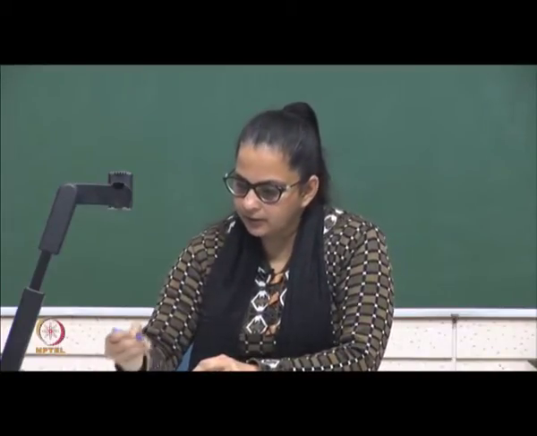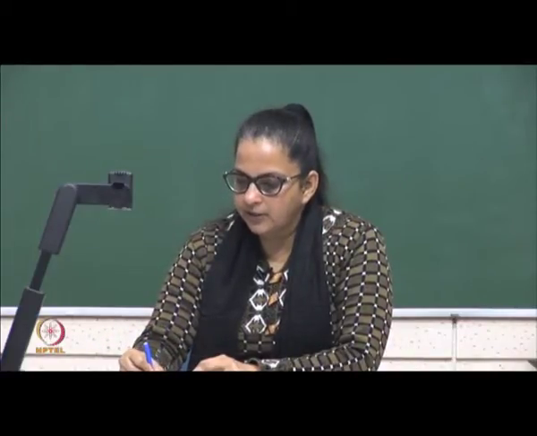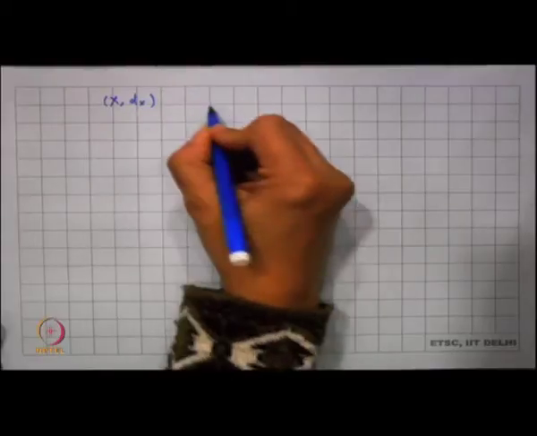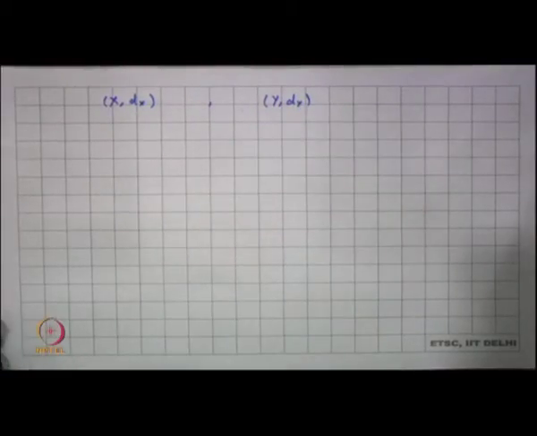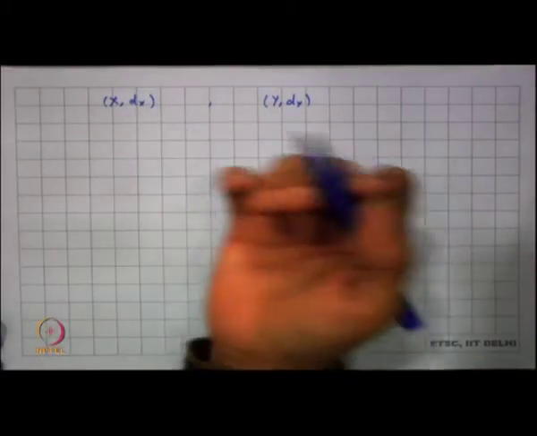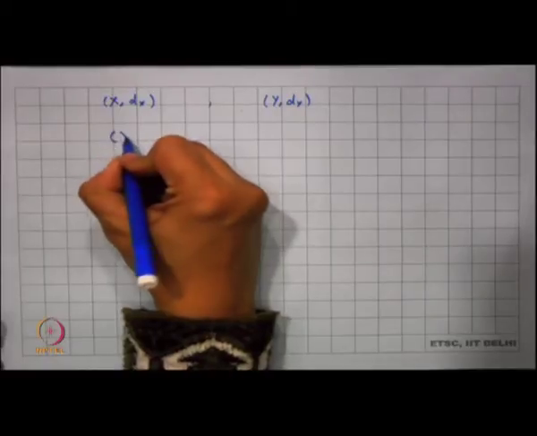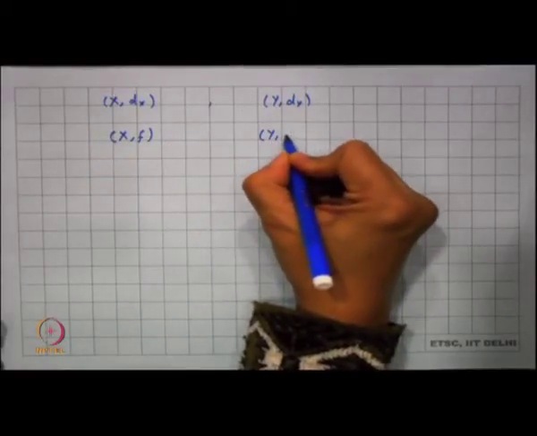I am looking into my metric space X. I have a metric space (X, d_X), and I have another metric space (Y, d_Y), and now I am looking into two different dynamical systems. I have a dynamical system (X, f), and another dynamical system (Y, g).